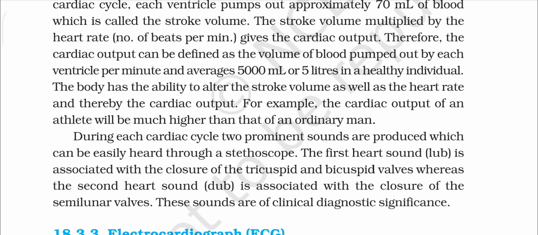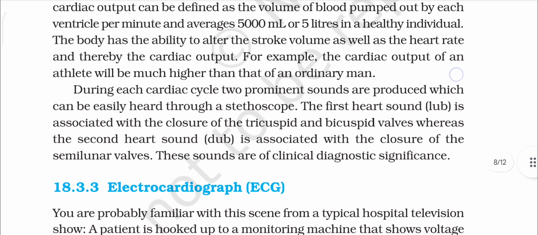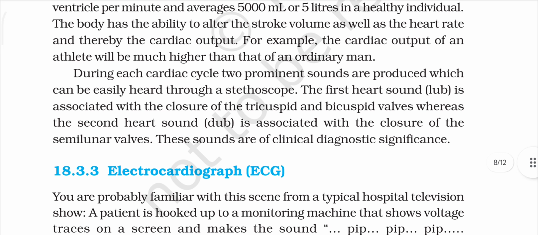The body has the ability to alter the stroke volume as well as heart rate, and thereby the cardiac output. For example, the cardiac output of an athlete will be much higher than that of an ordinary man. During each cardiac cycle, two prominent sounds are produced which can be easily heard through a stethoscope.